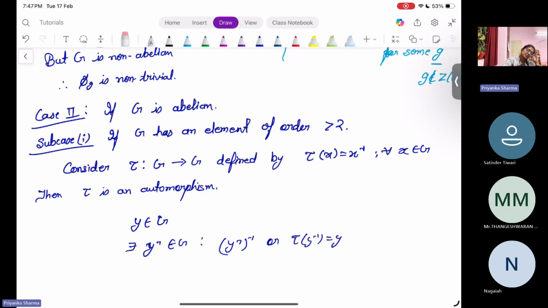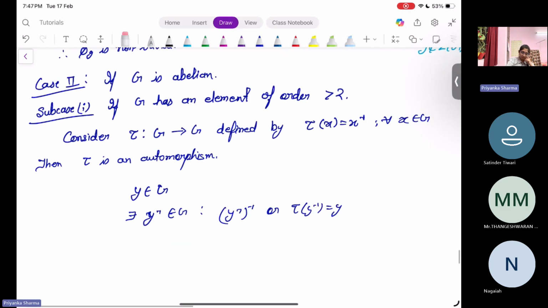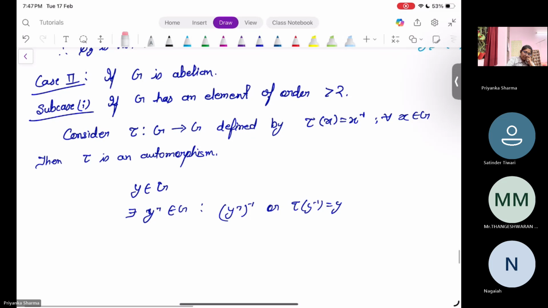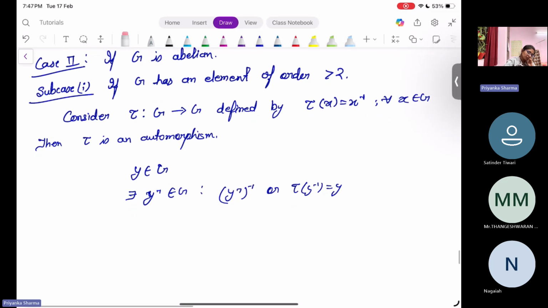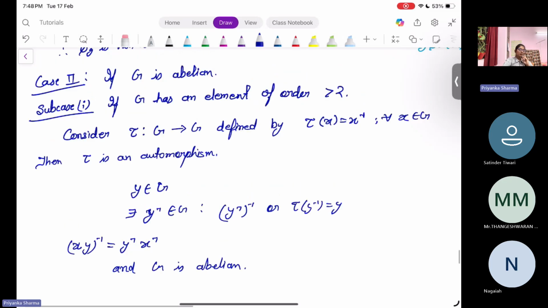So in this way, you can say that tau is onto. And using two facts, that xy inverse is y inverse x inverse and G is abelian, you can prove that tau is a homomorphism also.